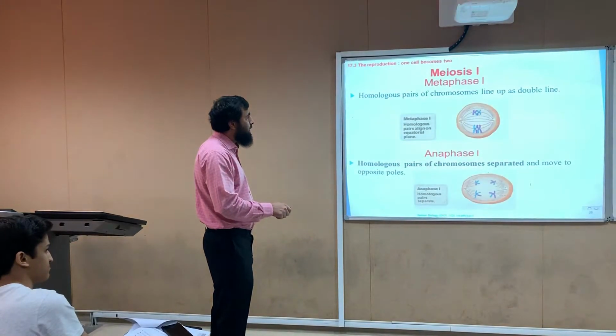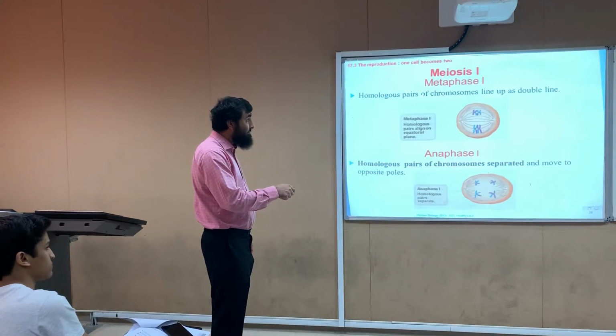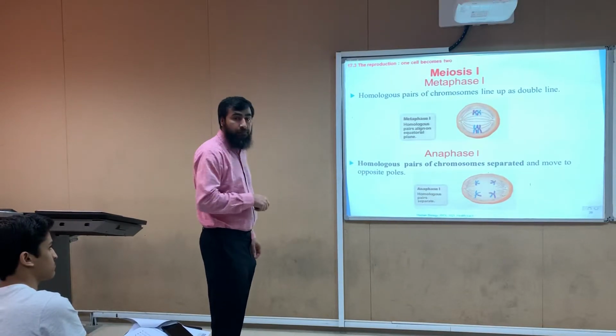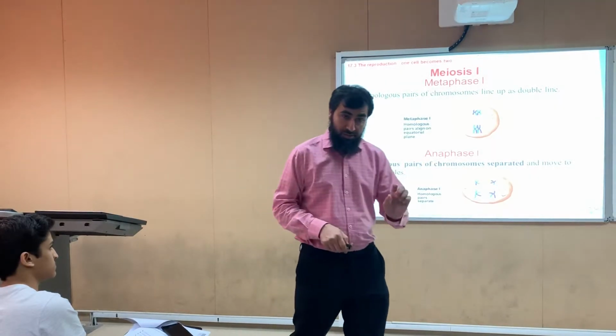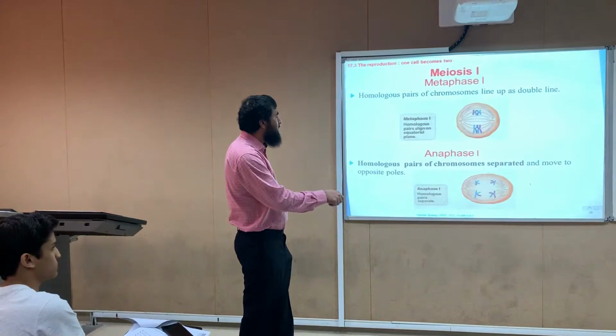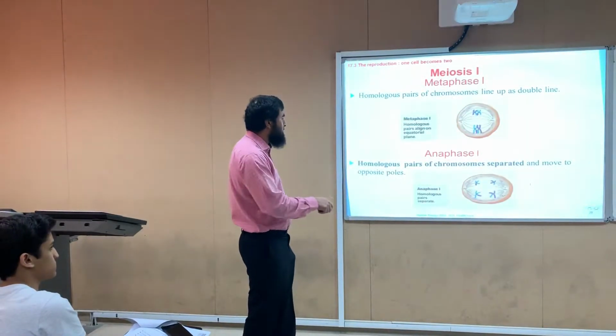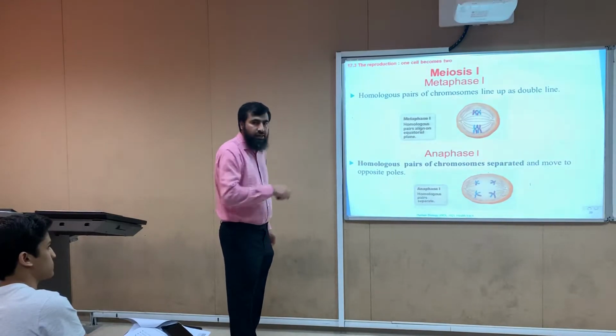Alright, so as I said, in meiosis 1, in metaphase, the homologous pairs are lining up, so we've got the crossing over. Now we have another variable: independent assortment of the homologous pairs. You have the equator here, or the metaphase plate.